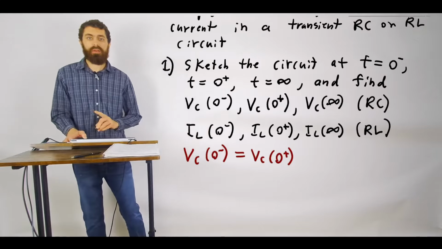In a similar manner, when you're dealing with RL circuits, IL of 0 minus is equal to IL of 0 plus. So the current can't change instantaneously. So when you're writing out your circuit schematic for each time period, it's going to look like a current source during that brief time period.